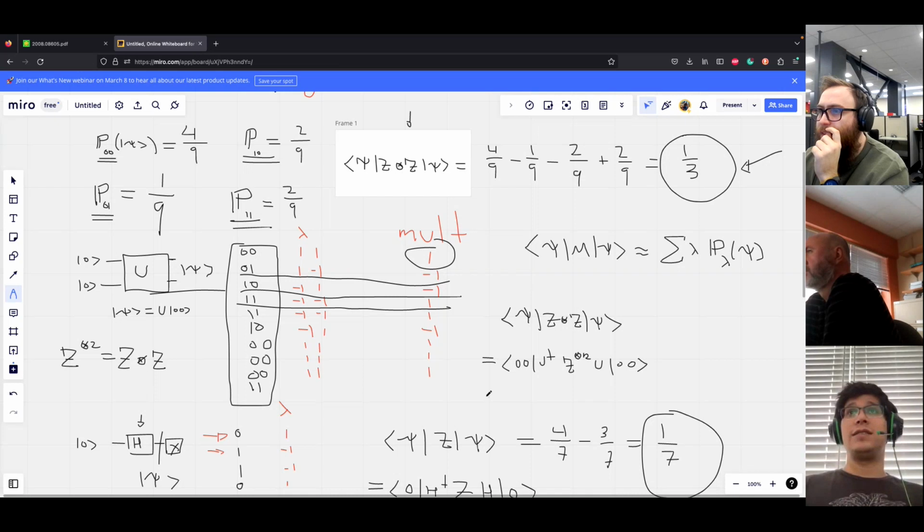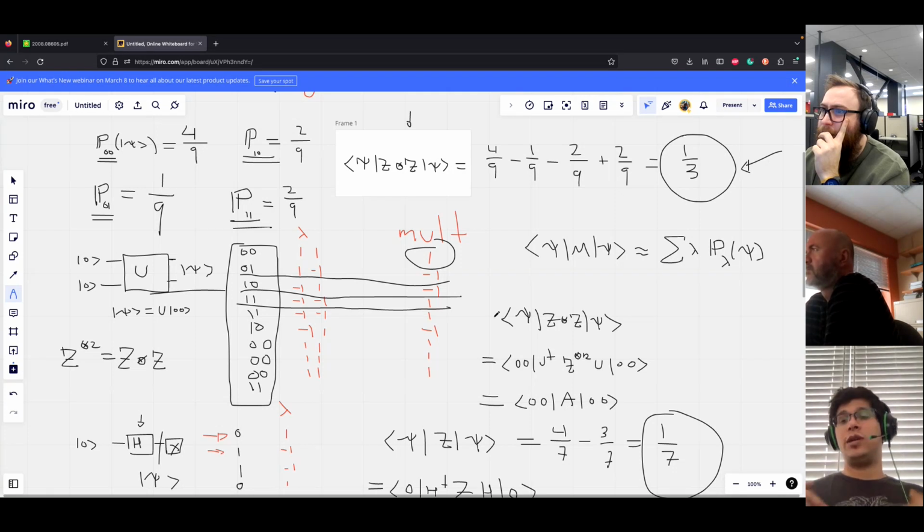It can be confusing. Now, listen, I could do something like this, and then I'm going to put here, I don't know, A. And it seems like I'm measuring the state A on the 0, 0 state. So it depends on how you interpret it, how you're able to compute this thing.